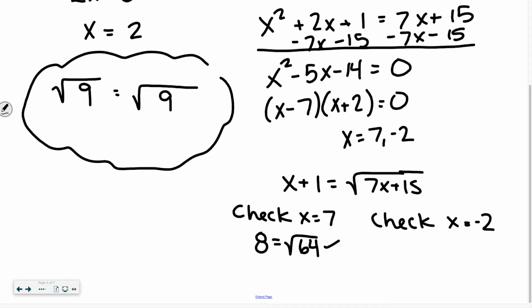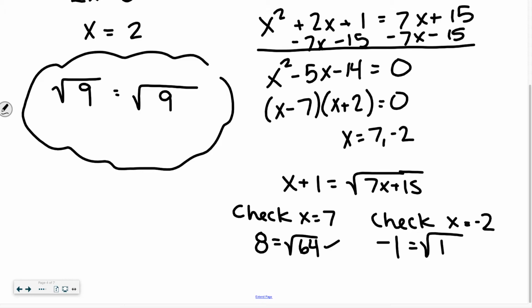Yep. Okay. Let's check negative 2. Negative 2 plus 1 is negative 1 on the left. And then we're going to have the square root of, this is negative 14 plus 15, which is 1. Is the square root of 1 equal to negative 1 in the check?